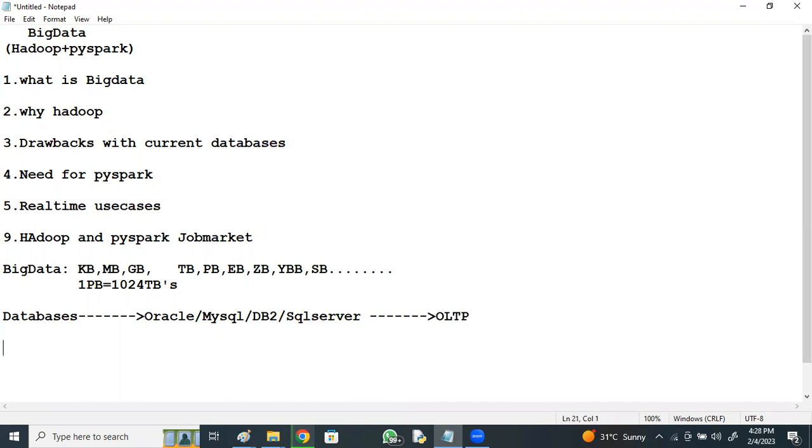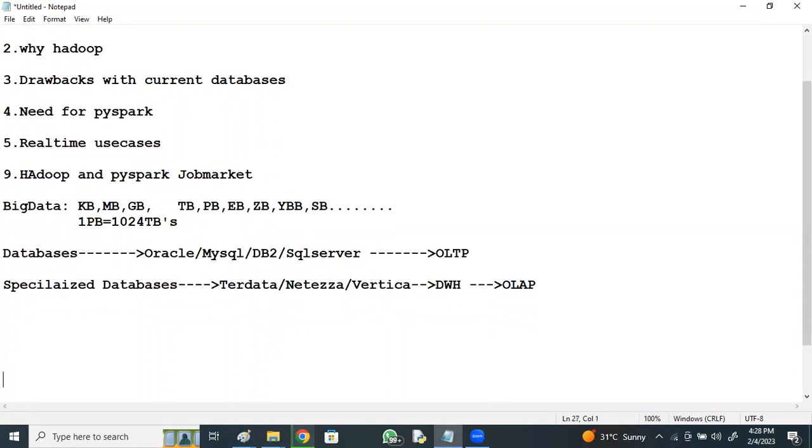And we have some specialized databases used for data warehouse purposes, like Teradata, Netezza, and Vertica. These are used for data warehouse, DWH, OLAP, analytical processing. But these specialized databases can handle data only up to some extent.